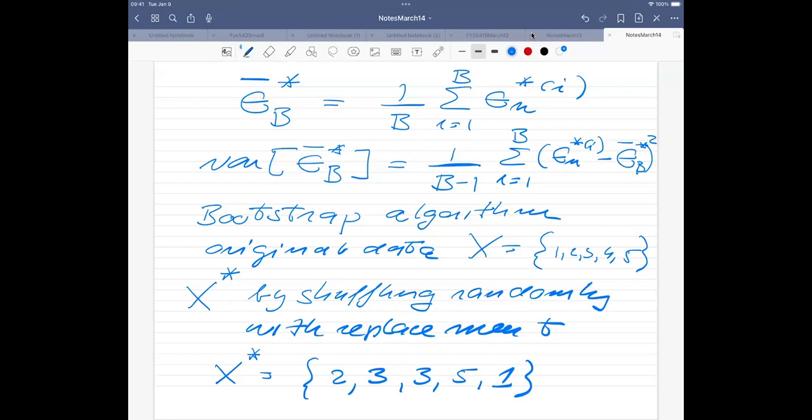So the typical way you would set up the bootstrap algorithm is simply by setting the number of reshufflings B. So if you have 10,000 data points, you could say I do this 100 times, or you do it 1,000 times. That means that every time you do this, you generate a new data set.